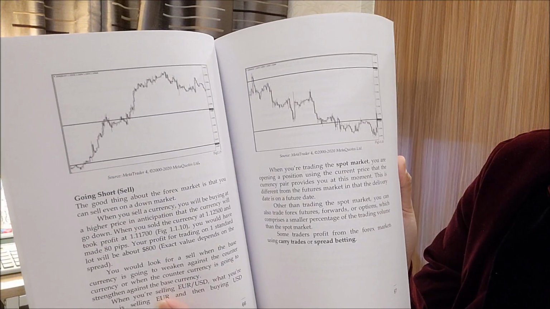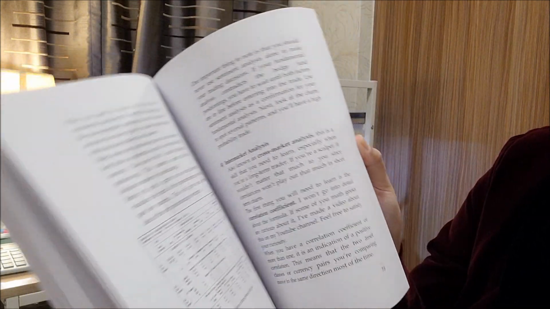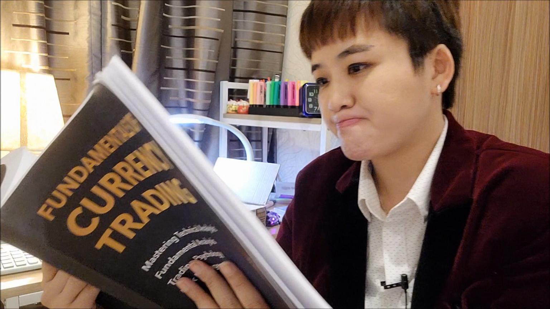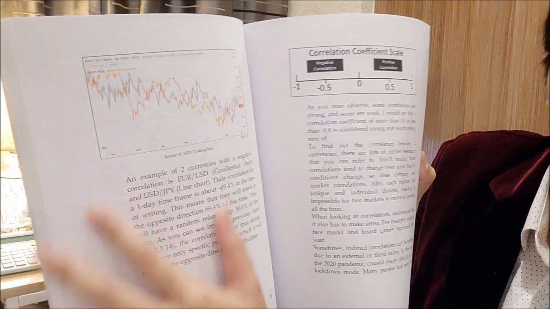And you can see along the way you have charts and then graphs. And then the font size is actually quite big. In fact, it's actually too big for me. I reckon that some people might need a large font size. Okay, so these are the charts. It's colored as well.